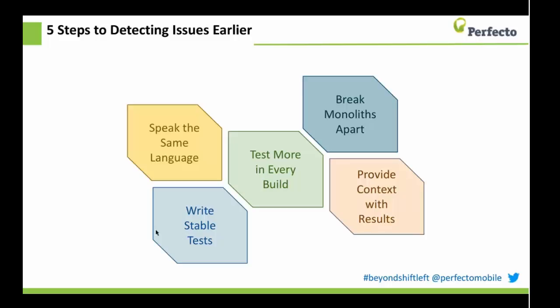Get on the same path, get on the same language, write some stable tests, break your monoliths up, start to test more in every build, and then provide context with results. That's a tangible path to be able to, instead of just talking about shift left with management, to actually do it as part of your process and show them the impact of this stuff.